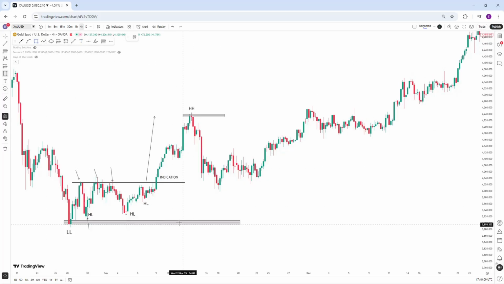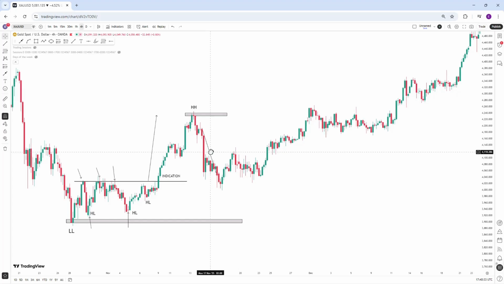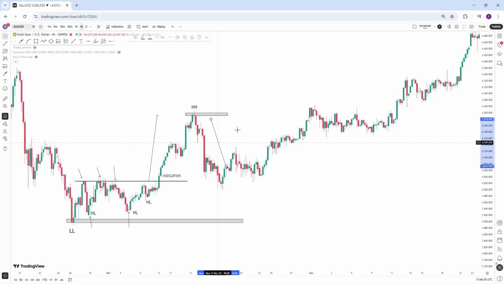So after this indication, the market corrects. What do we have? A correction right here, and this correction came below, inside this level, just like we were talking about in the explanation.